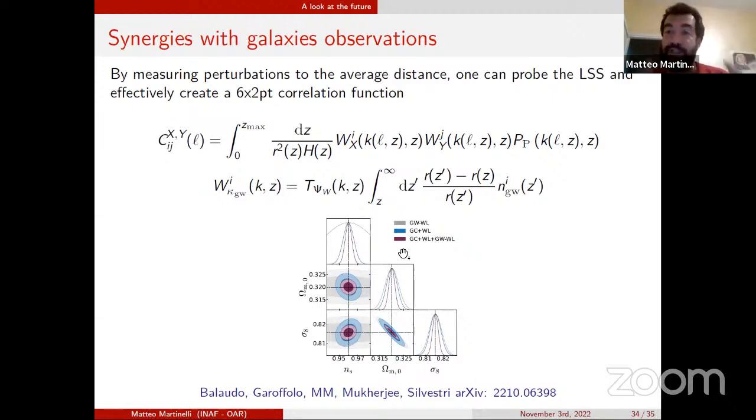And it's important to do this because it's a completely different set of systematics. So having a comparison between the two is definitely helpful. So it's something that in the more distant future can become important for cosmology.